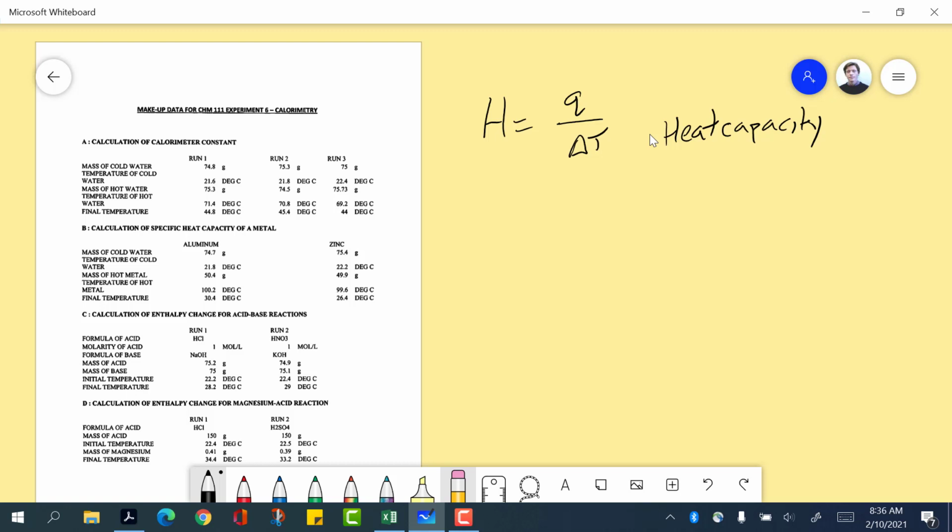Another property is the specific heat capacity. Sometimes it's labeled C or S, and the specific heat capacity is the heat divided by the mass times the change in temperature.